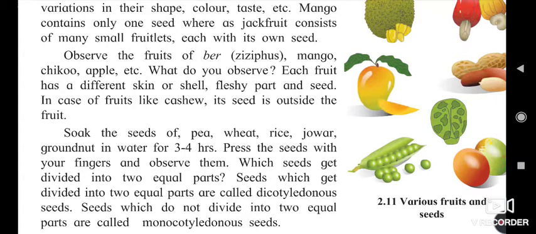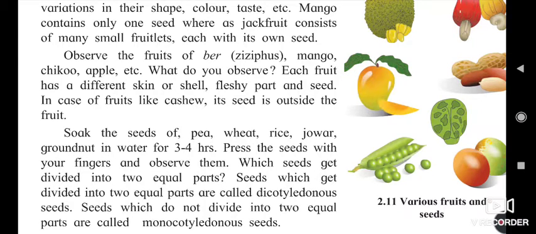Soak the seeds of pea, wheat, rice, jowar, groundnut in water for 3 to 4 hours. Press the seed with your fingers and observe them. Which seeds get divided into two equal parts?